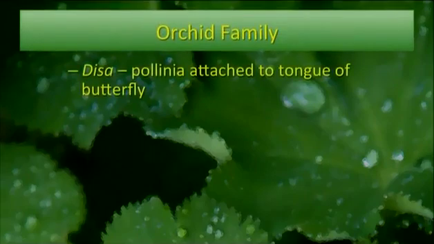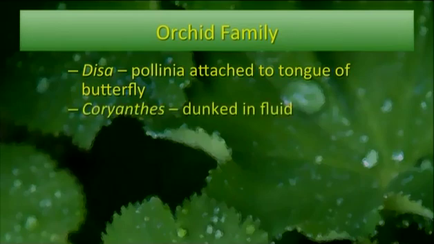Now, a South African orchid called Disa has pollinia that get attached to the tongue of a butterfly. And we have another orchid called the bucket orchid, Coryanthes. It's a very big orchid, strangely shaped, and it has a pool of water inside of it.